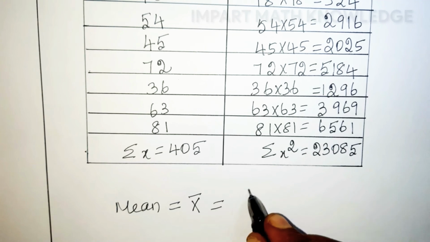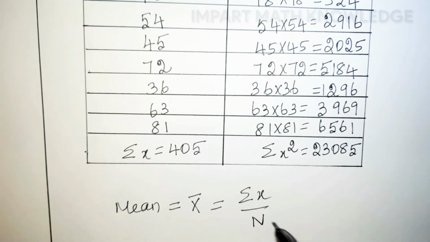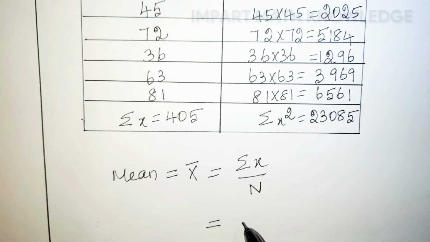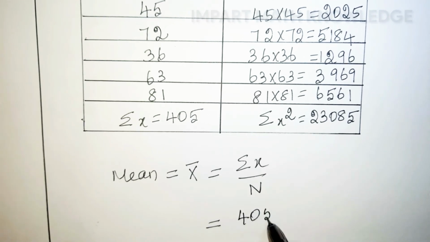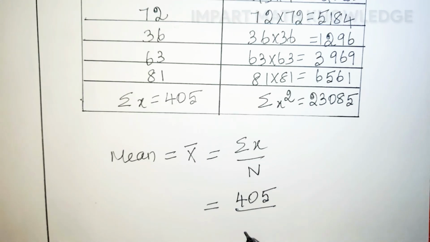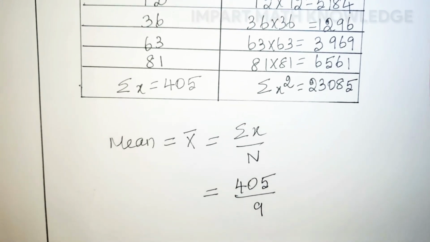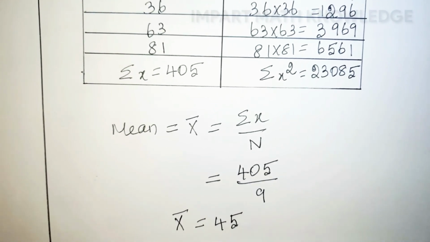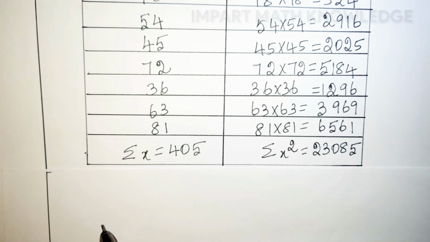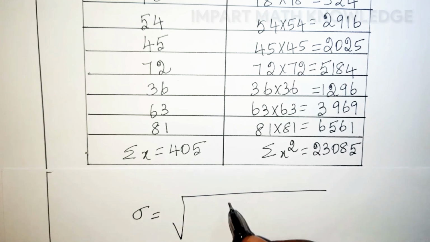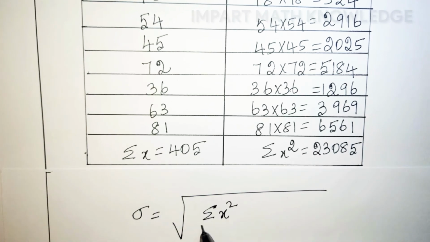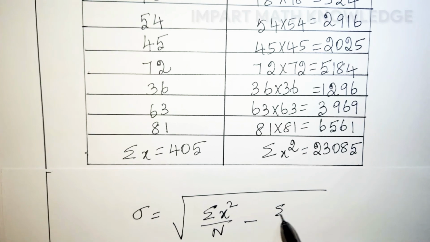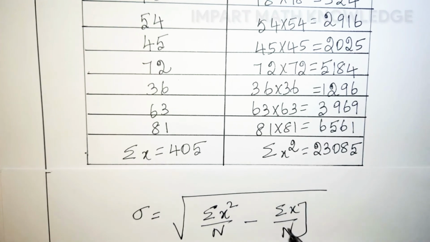Mean is equal to sigma x divided by n, where sigma x is equal to 405. N is the number of items. Here n is equal to 9. So x bar is equal to 45. Next we have to find standard deviation. Sigma is equal to the square root of summation x square by n minus summation x by n whole square.